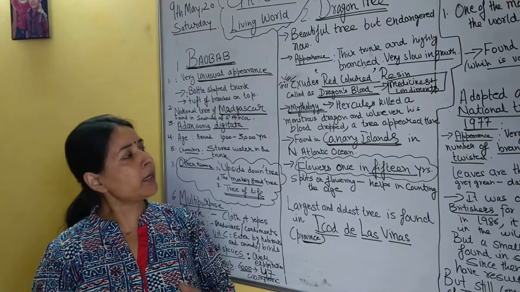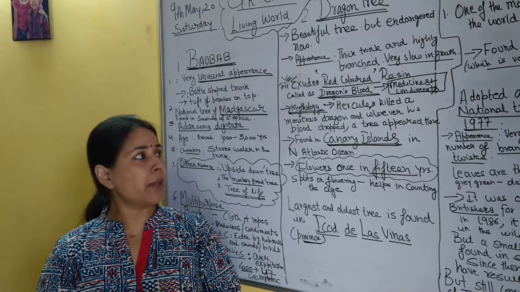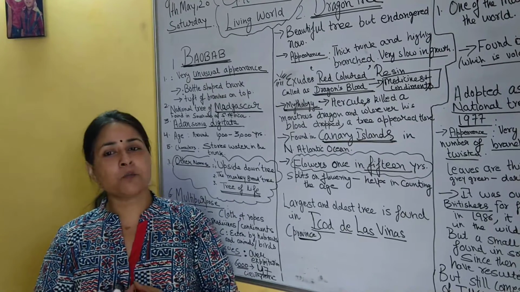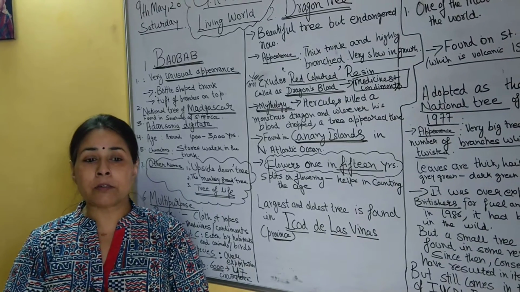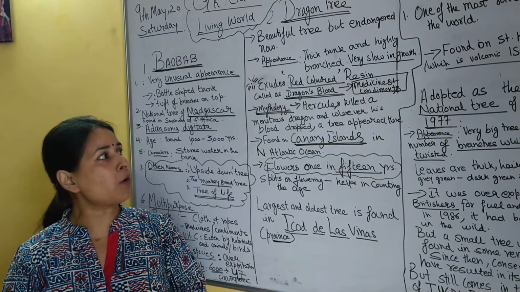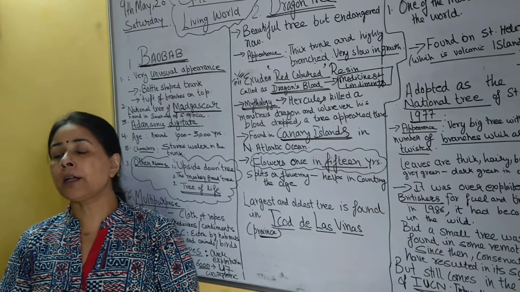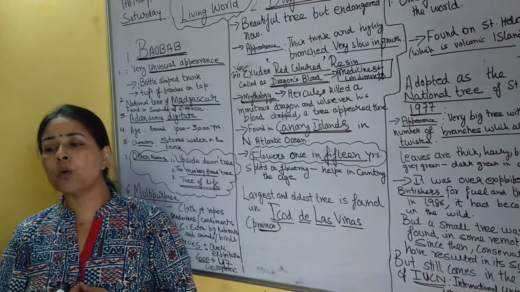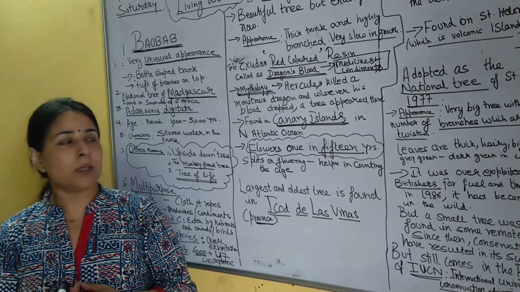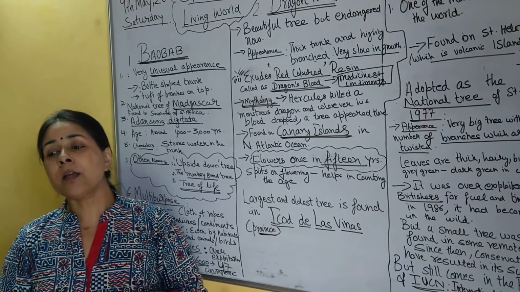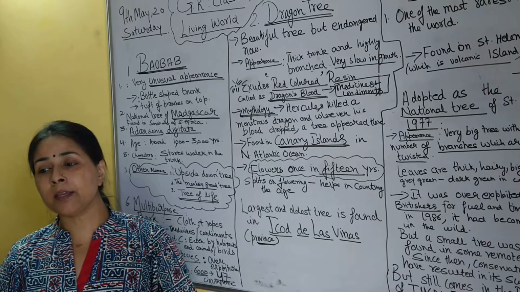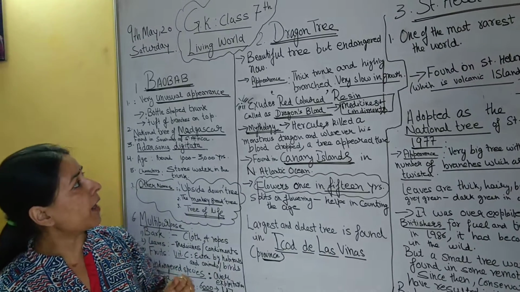Then it is highly branched, with many branches on top, but it is very slow in growth. It is seen that the plant reaches a height of 1 meter in 10 years. So the growth is very slow.